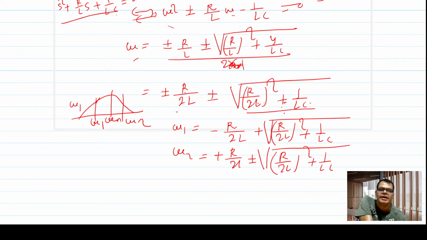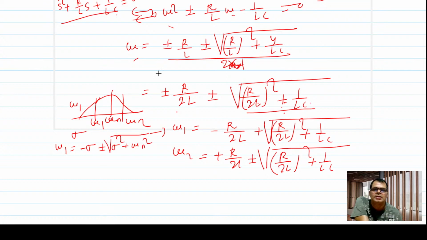Okay, so I will shorten it. You study the damping constant sigma. So omega 1 is equal to minus sigma plus root over sigma square plus omega n square.